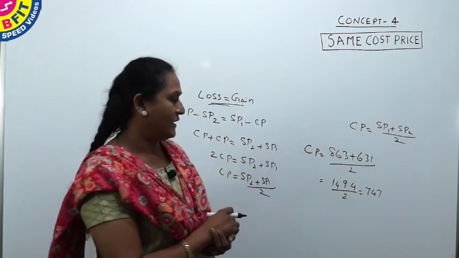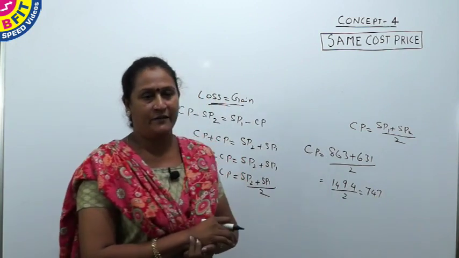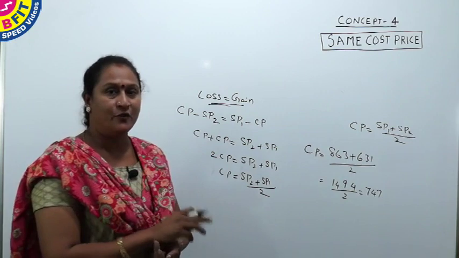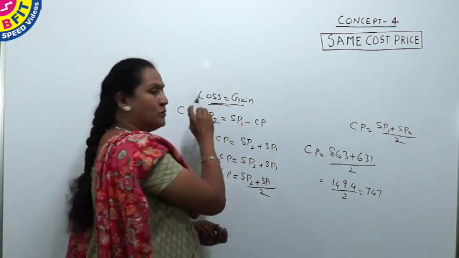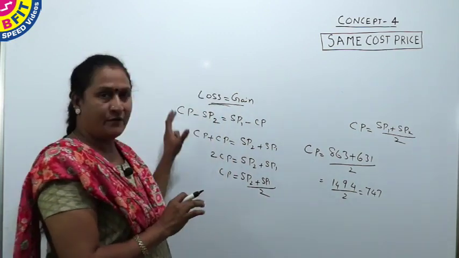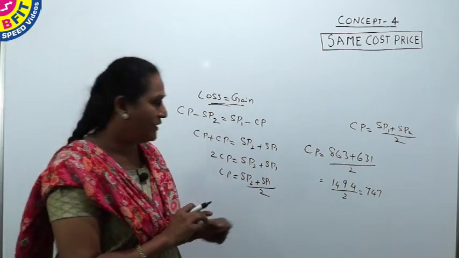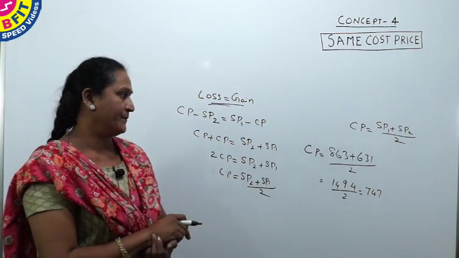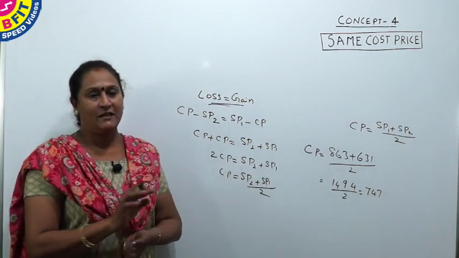The cost price of the article is 747. So remember, for the same cost price and different selling prices, if there is no loss or gain, instead of writing all these equations and solving, just find the average and you get the cost price. So we'll see the next concept.